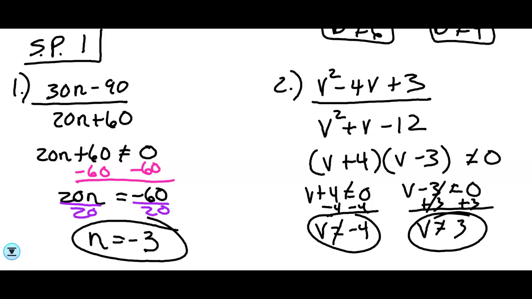So I want you to understand what we just did here. Our goal here is really to be solving equations, but I did that as a first step so that when we're done solving an equation and we get an answer, we understand what I mean when I say we can't use that answer because it's an excluded value.